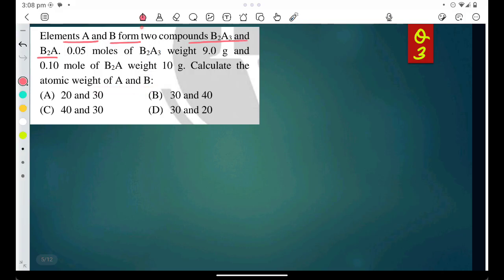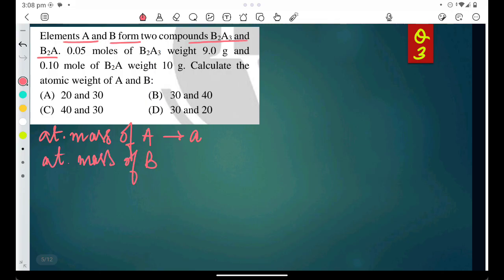So let's suppose the atomic mass of A be a, and the atomic mass of B as a small b.